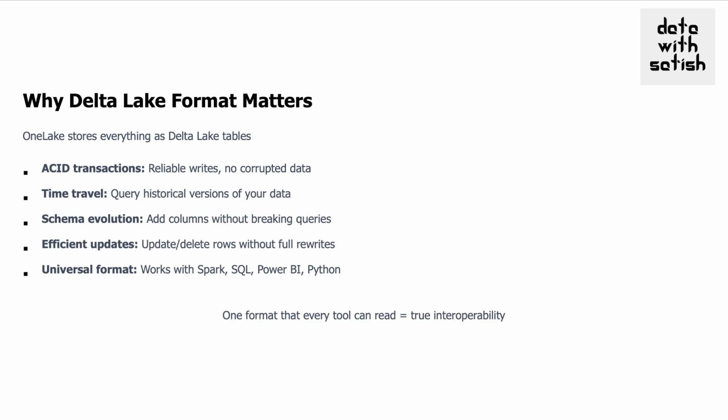Efficient updates, modify or delete specific rows without rewriting entire files. And here is the key. Delta Lake is a universal format. Spark can read it, SQL can query it, Power BI can visualize it, Python can process it. One format that every tool understands means true interoperability. No more converting between formats, no more compatibility issues.